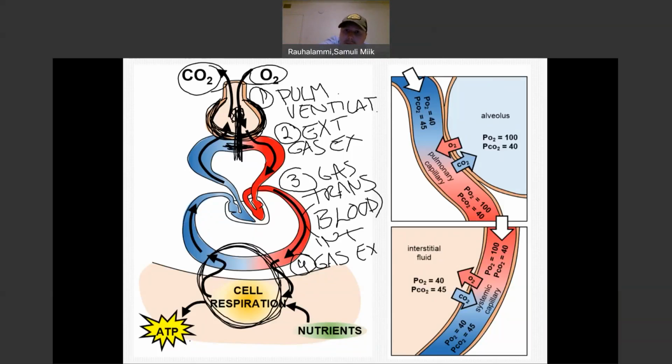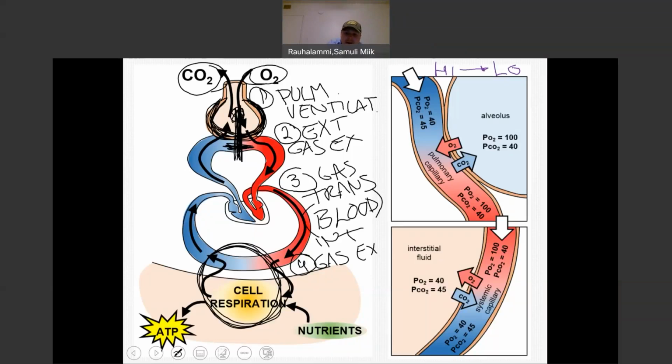And you might remember that we always move materials from areas of high concentration to areas of low concentration due to the diffusion. And if we look at the concentration of oxygen and concentration of carbon dioxide, we can measure that as millimeters of mercury.